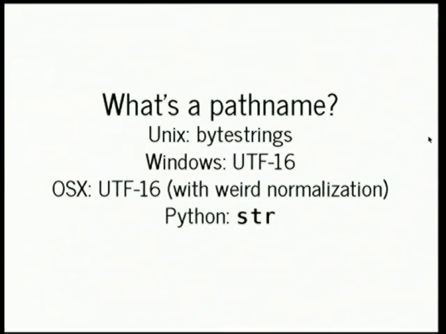And Python wants to represent all of these things as a str. So this works pretty well in Python 2, because you can take any of these things and stuff them into a str and go back and forth between Python and the operating system. But in Python 3, when str is actually supposed to be a valid Unicode string, not all of these things can be turned into a Unicode string.